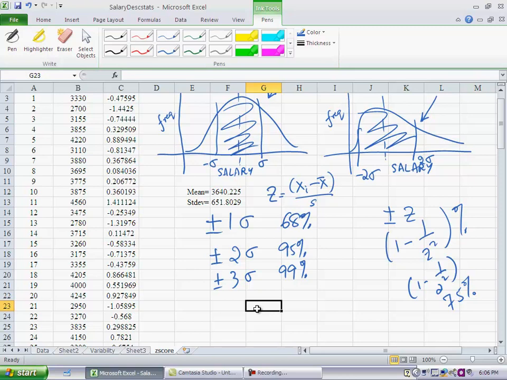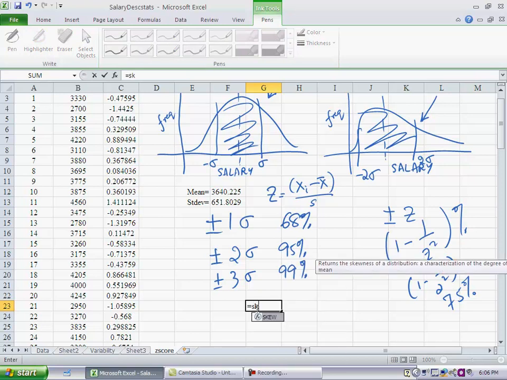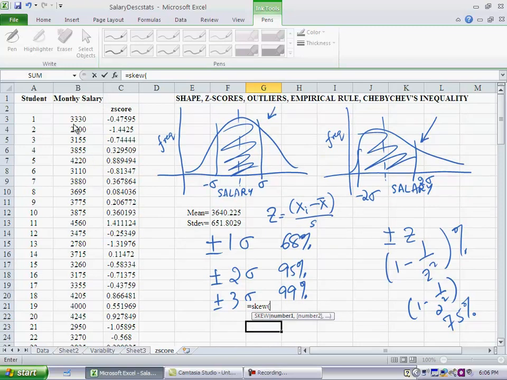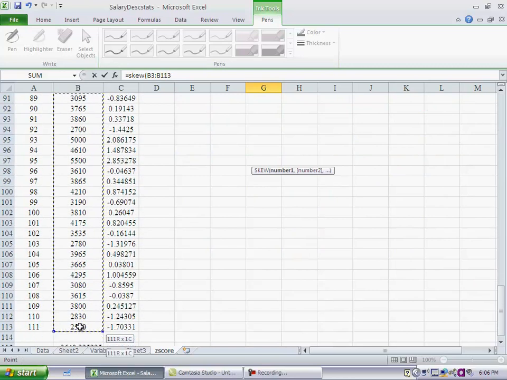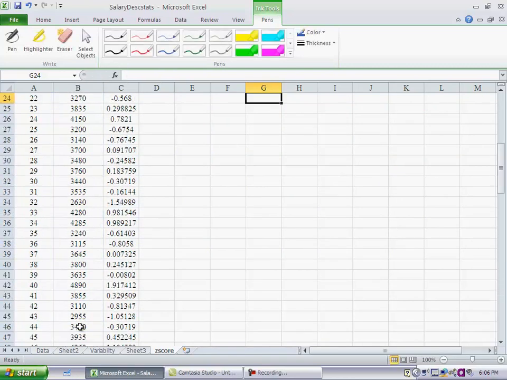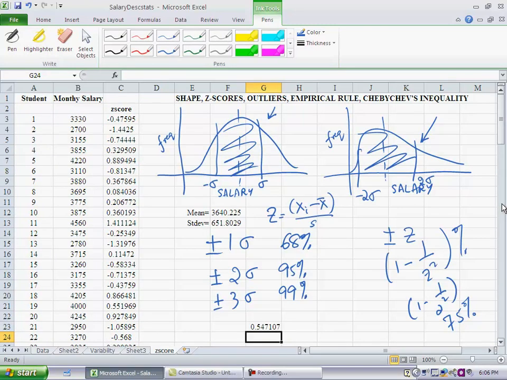And there is a built-in function in Excel to tell you what the skewness is, and that built-in function is skew. So I will use the built-in function skew, and I simply highlight the entire set of salaries, and we have the skewness over here, which is 0.54. So what does that mean?